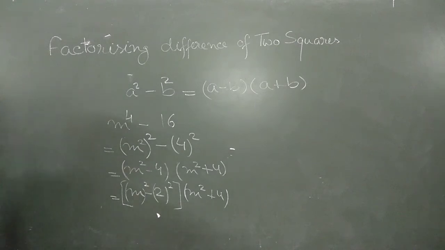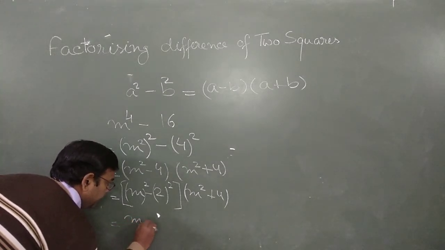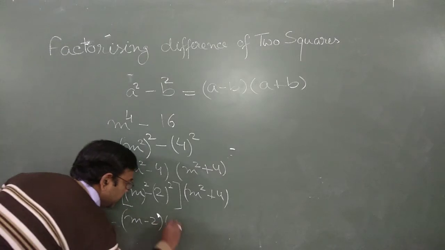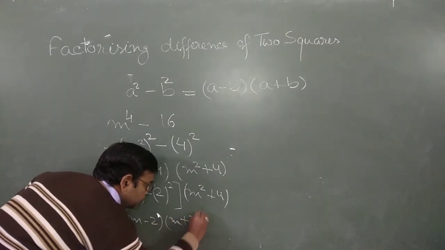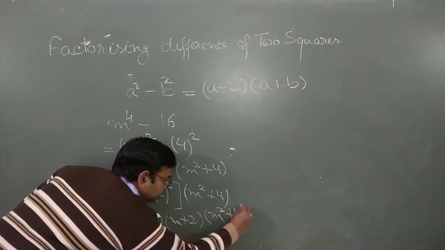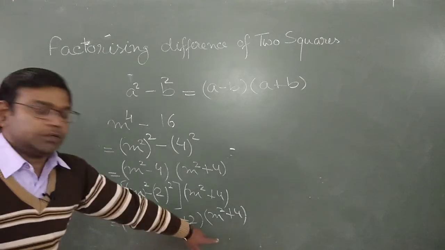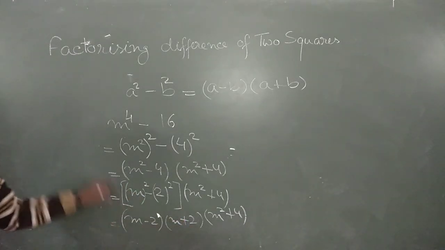So again we can write easily, it's (m minus 2)(m plus 2), and then we have (m square plus 4). Now we are unable to factorize further, so you can easily find out the factors.